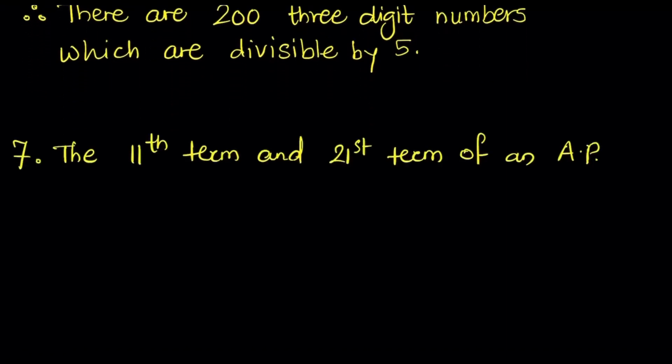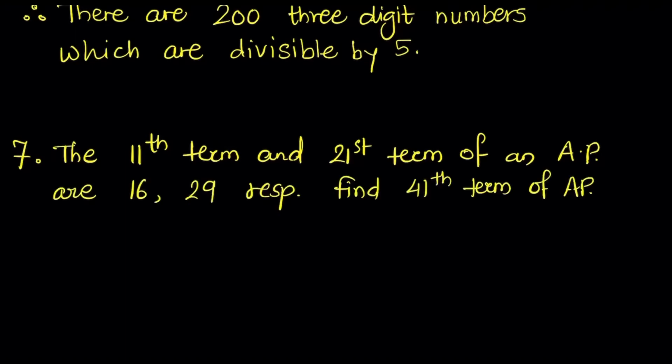Now question number 7. The 11th term and 21st term of an AP are 16 and 29 respectively. Find the 41st term of the AP. So T11 is 16, T21 is 29, and T41 is unknown.